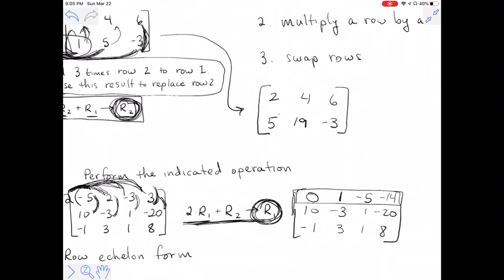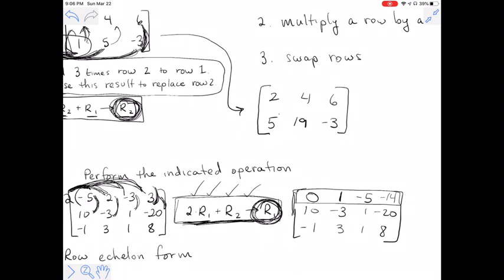So those are called row operations. Just to practice and get used to the row operations, they're going to be given to you. You're going to just be given a set of row operations to perform. When we actually start using row operations to perform Gaussian elimination, which is our third learning target, you're going to have to come up with your own row operations in order to achieve an objective.